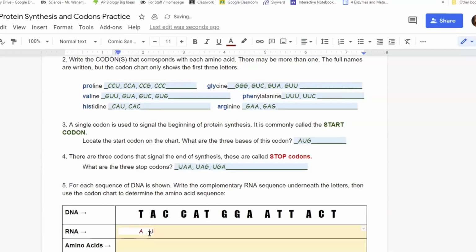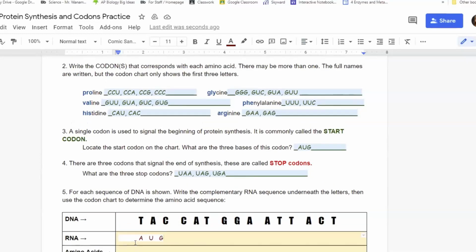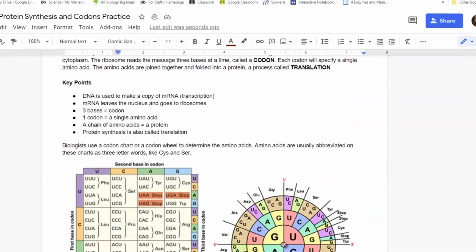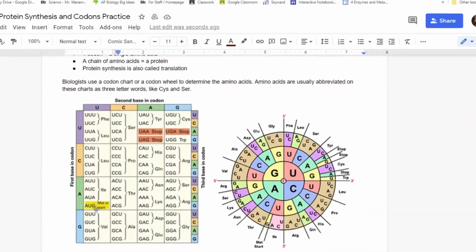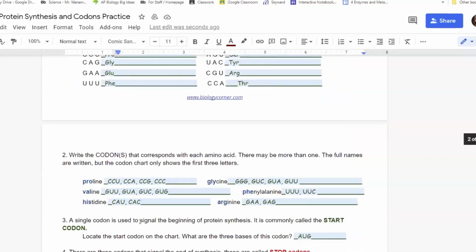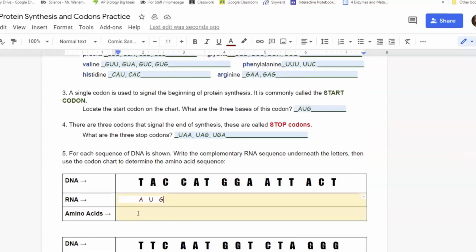Instead, you have a U, right? Uracil, and G. Okay, so I'm going to transcribe into mRNA, and then I'm going to read the amino acids. So that's where I'm going up to the decoder box or wheel. And AUG is methionine. We've already found that one. So then here I'm going to write methionine, MET.